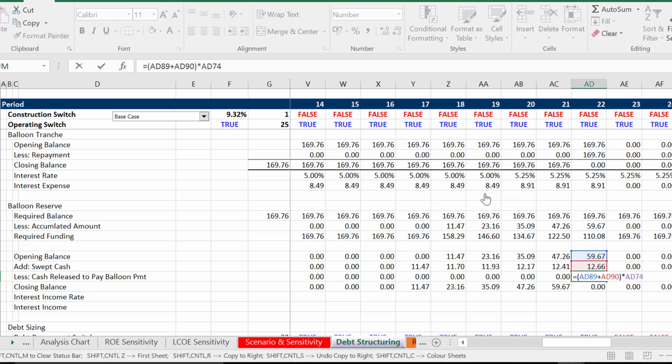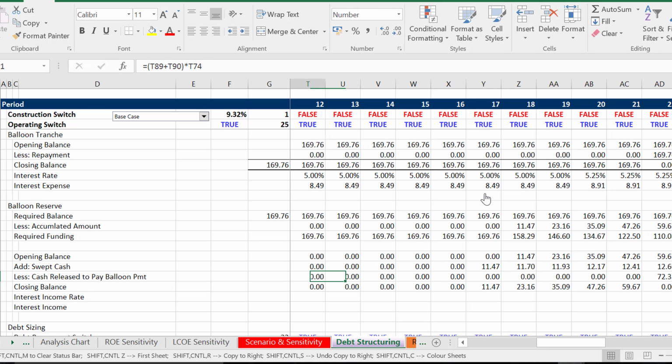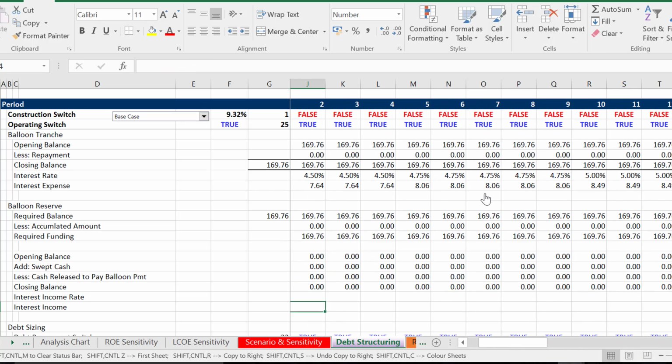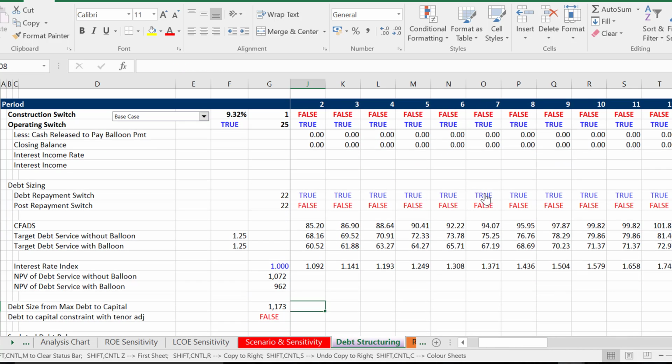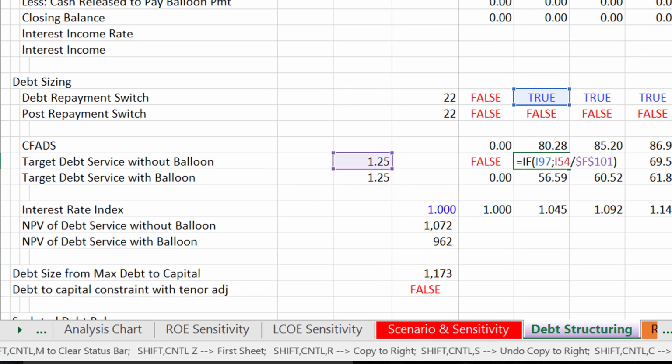And that could be too little or too much. We don't know. Okay? And then we do our standard debt sizing. Now the standard debt sizing I did with a regular old debt repayment switch. And the only real difference is we make a debt service without the balloon payment, but this is the one with the balloon payment.